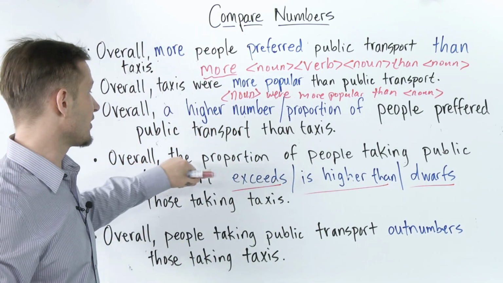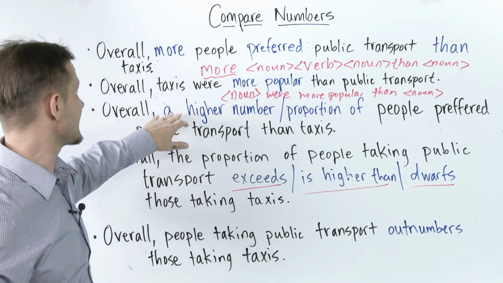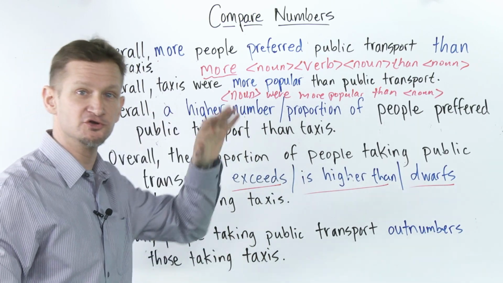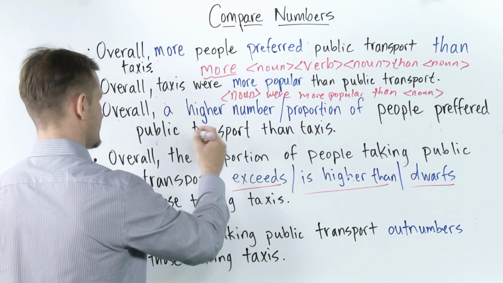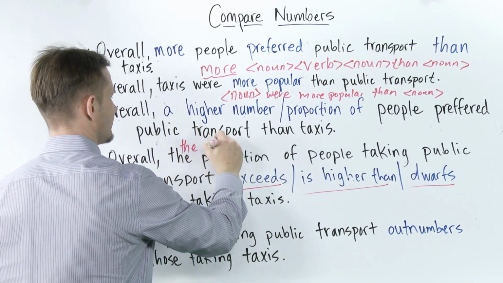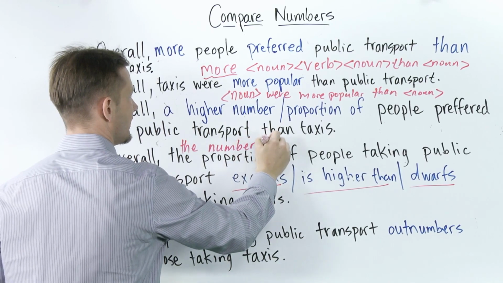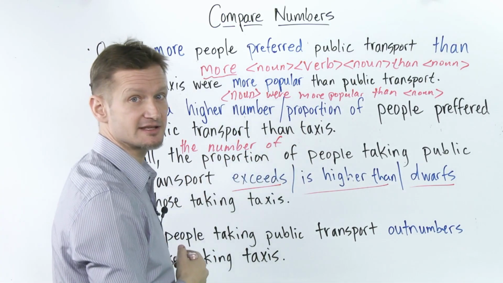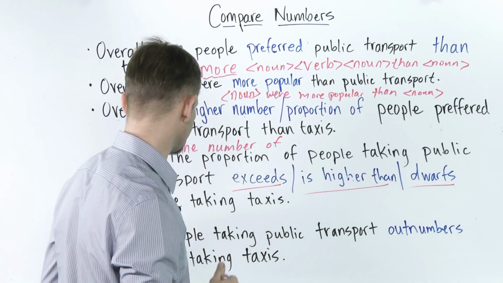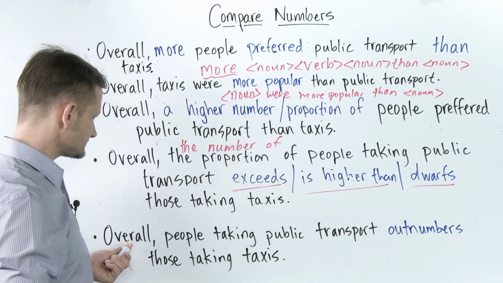And so here we say overall the proportion of, and the same way here we say a higher number of, you can do that here too. You can say the number of people taking public transport is higher than those taking taxis. That works as well. Okay, final one.